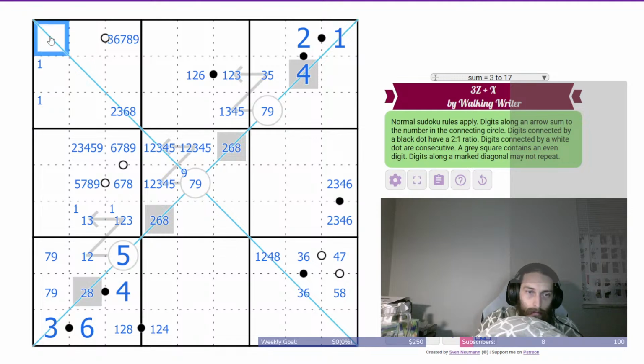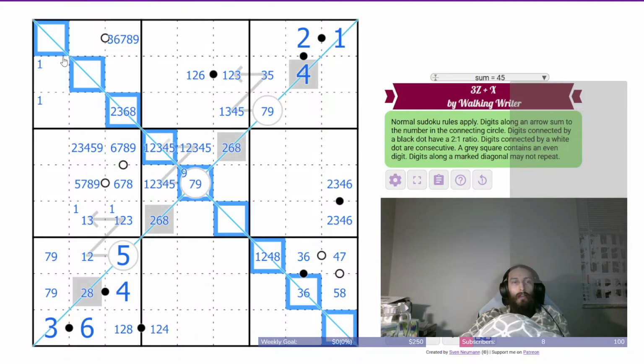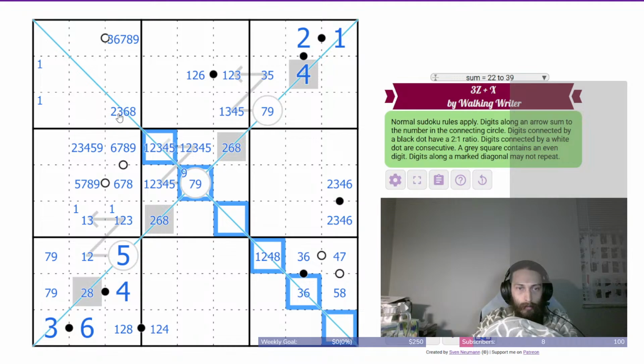Well, 1 on this diagonal can't be in box 1.